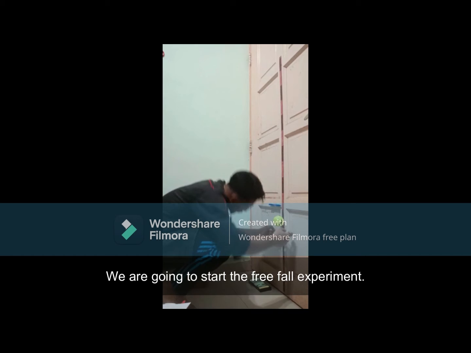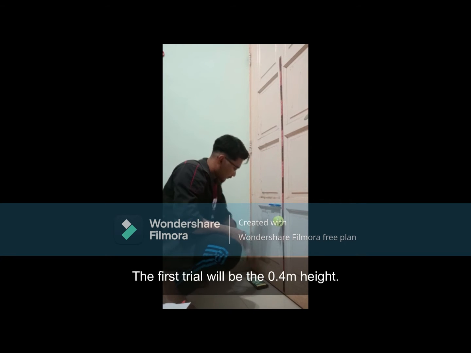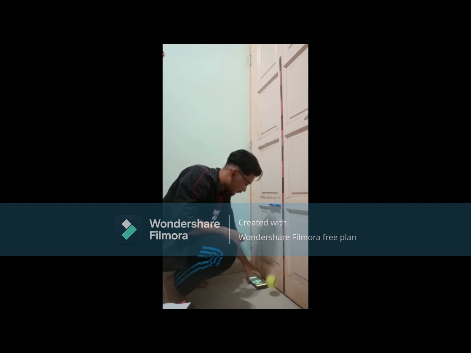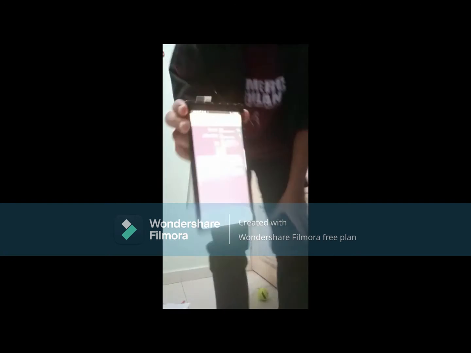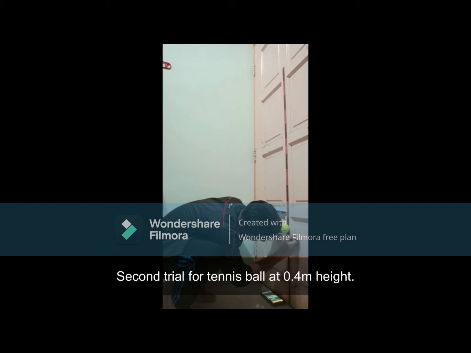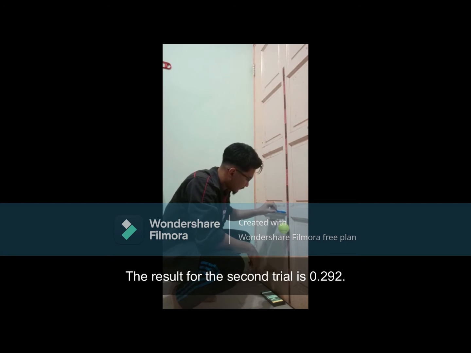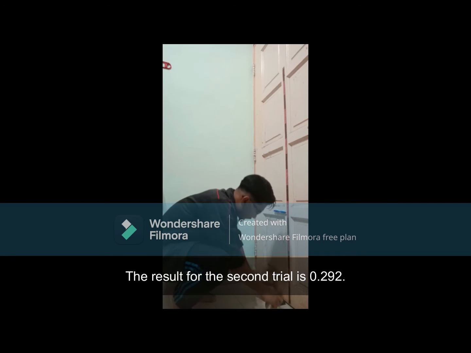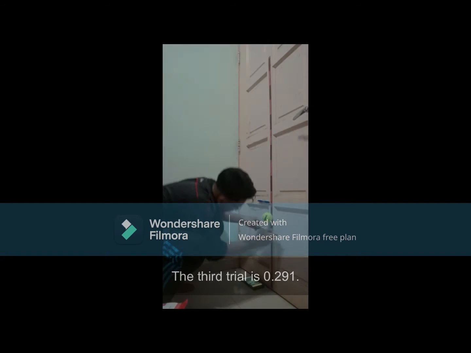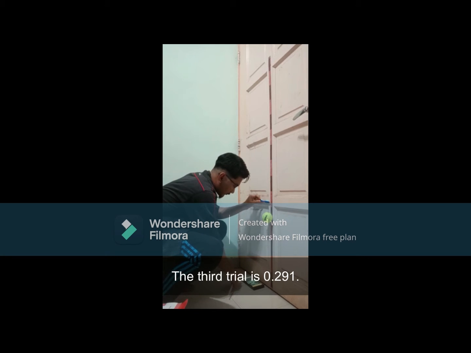We are going to start the free fall experiment, and the first trial is made for a distance of 0.4 meters. The second trial for the tennis ball at 0.4 meters is 0.292 seconds. The third trial is 0.291 seconds.